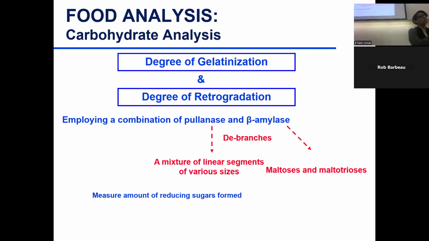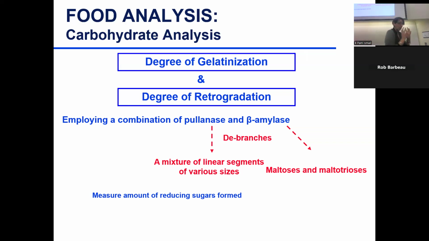Either your raw starch, and after applying certain processes you want to determine how much of that raw starch got gelatinized. Or if you have gelatinized starch and over time you want to determine how much of it got retrograded.